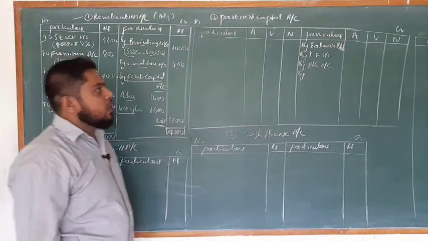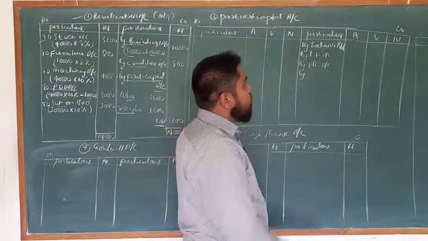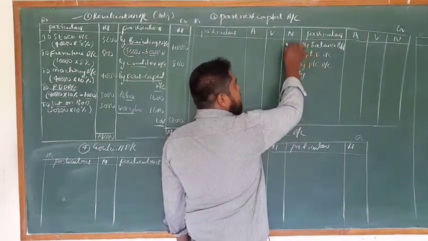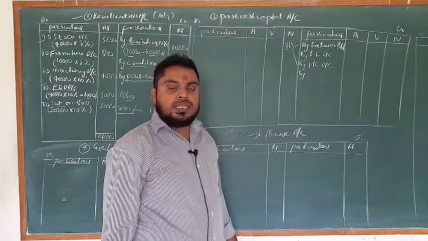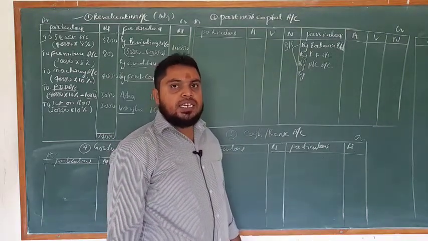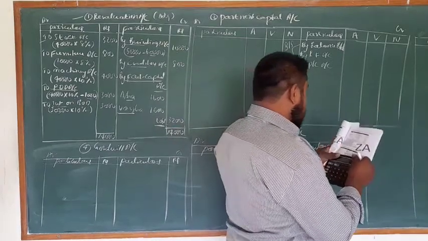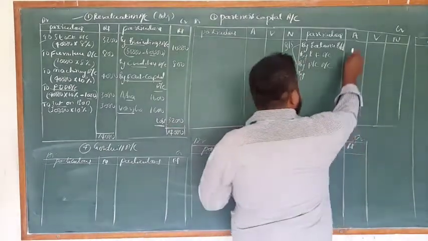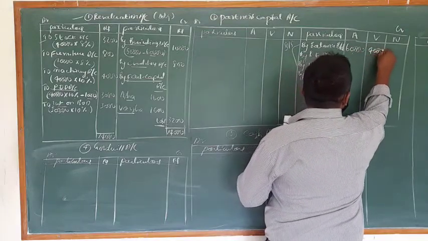The second step: partners' capital account. Under the partners' capital account, first we have to record the 3 items given in the balance sheet. First, the capitals of the partners, Asha and Varsha, 60,000 and 40,000.